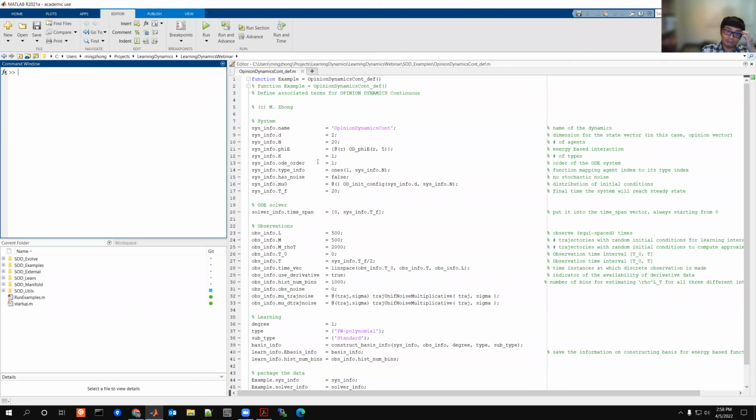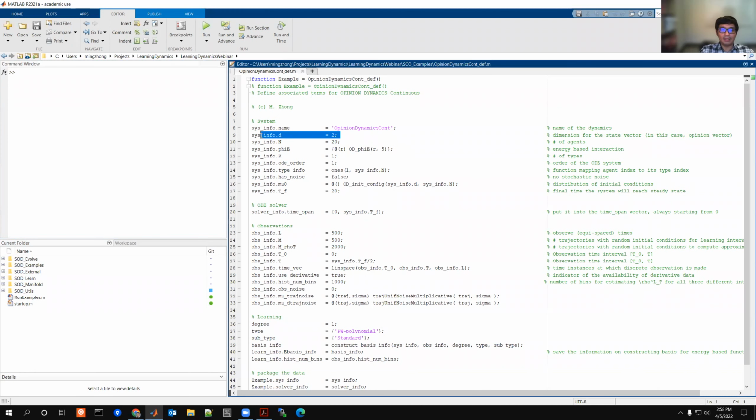Okay, so for example, if you want to run an opinion dynamics, little d here defines the dimension of your state vector. You can actually let it go to 10, but for visualization purposes, we can only show up to 3. And this capital N here is the number of agents in the system. You can choose various different energy-based interaction kernel laws.